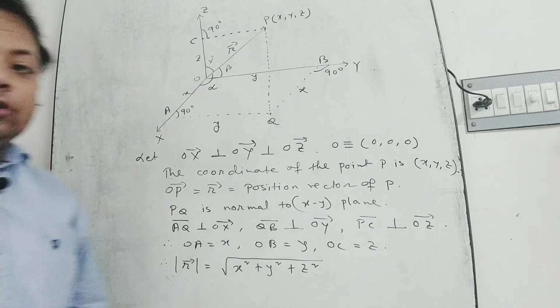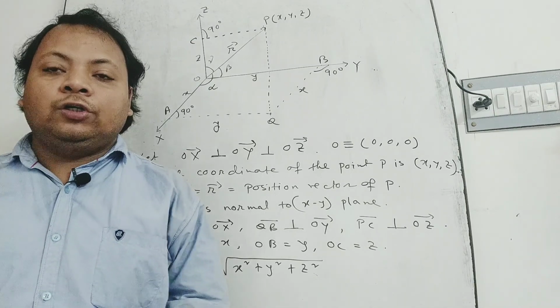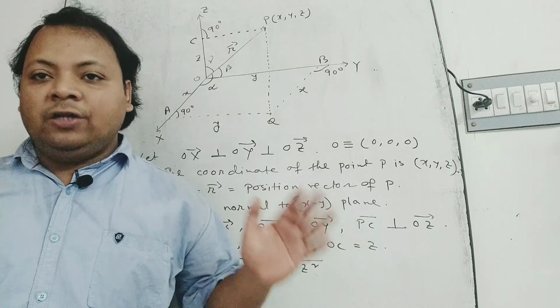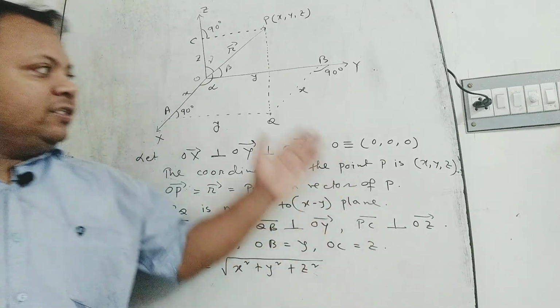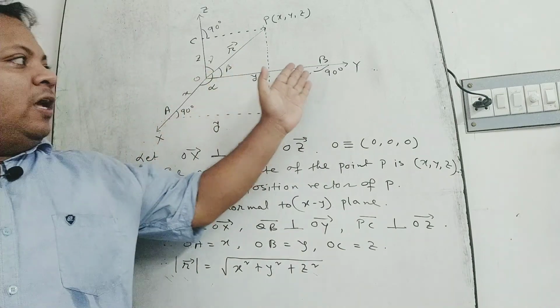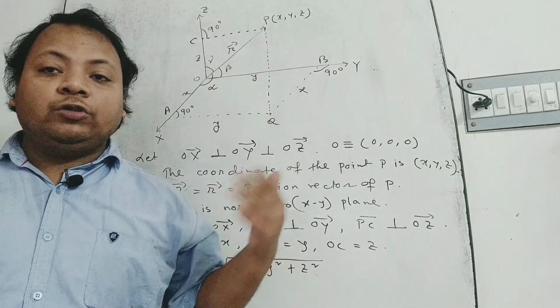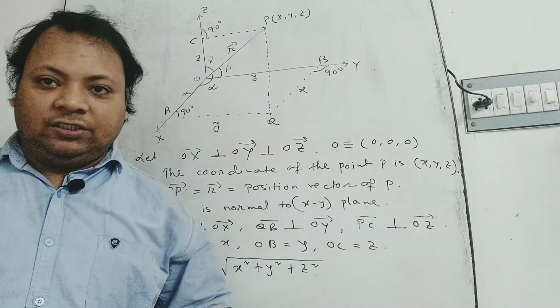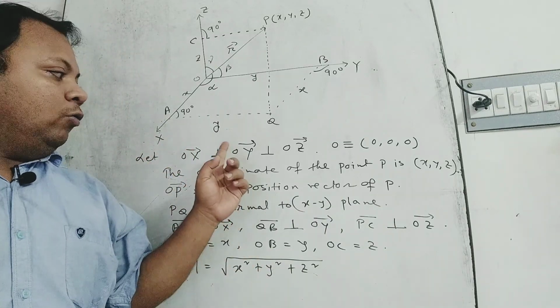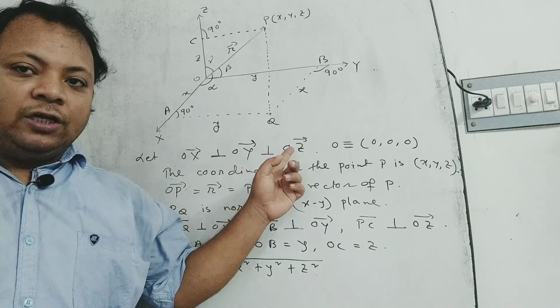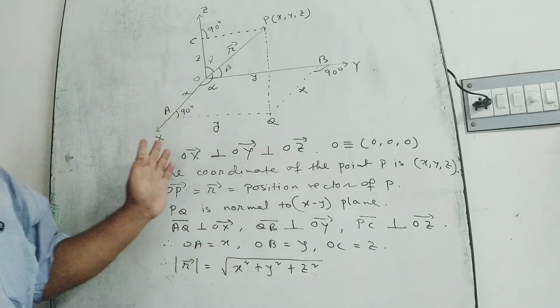Now, resolution of a vector into three mutually perpendicular coordinate system, that is OX, OY and OZ are three mutually perpendicular axes. That is OX perpendicular to OY and OY perpendicular to OZ, and OZ is also perpendicular to OX.